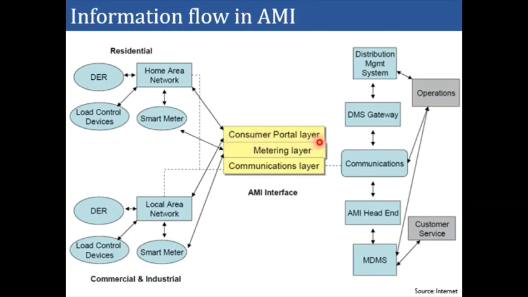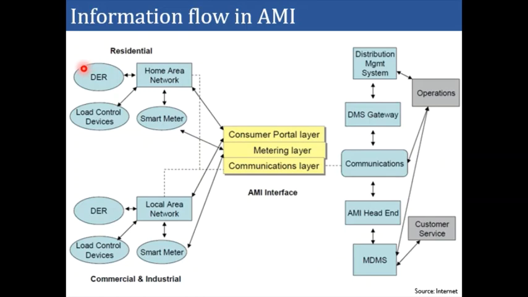The applications which require this data are the consumer portal layer, where you see the real-time information related to the consumption and the generation if you have distributed energy resources. You have the metering layer for metering of the data. With the help of the DCU, this information is shared. And then the communication layer to build the communication network.